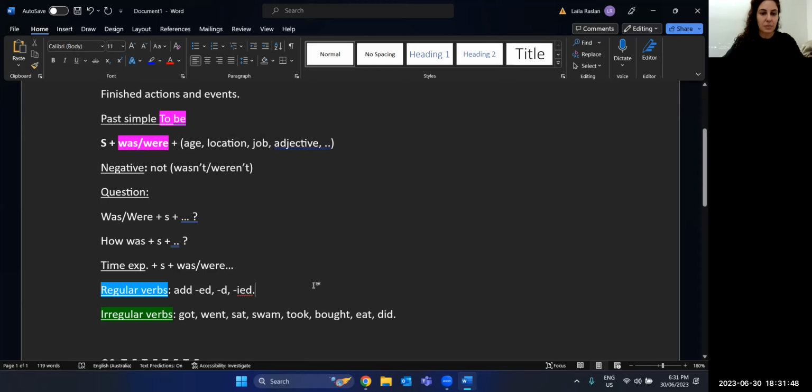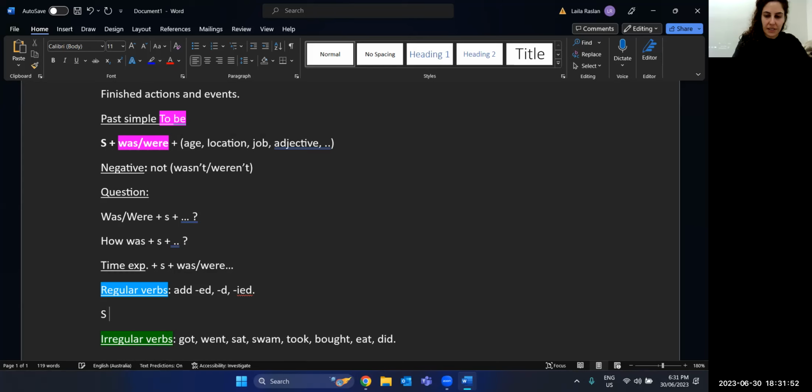So same rule, subject plus verb with an ed, or I don't know which one. It could be D or IED, or it could be irregular. I don't know. Depends which action you're talking about. That's how we create this sentence.